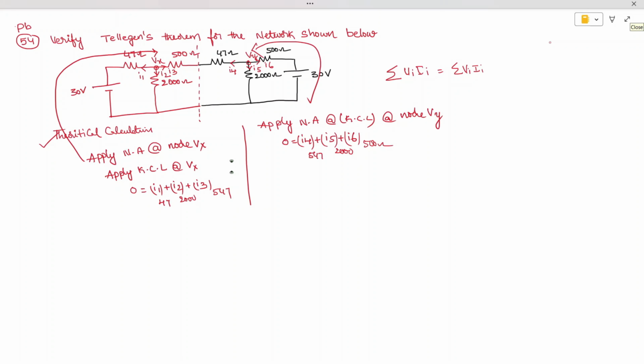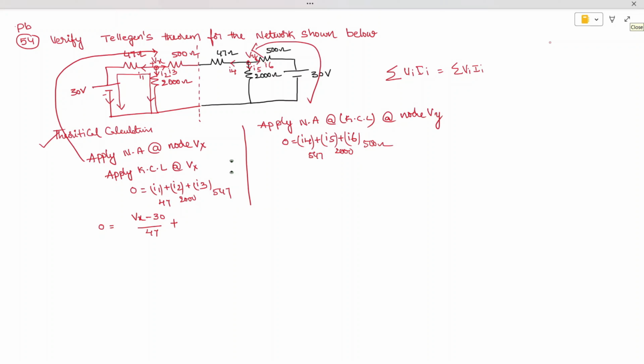Now let us try to solve the problem. I can write 0 is equal to, first the current I1 through 47. What is the voltage at this point? This is Vx, and the leaving terminal has minus 30, divided by 47. Plus, how to write the current I2?